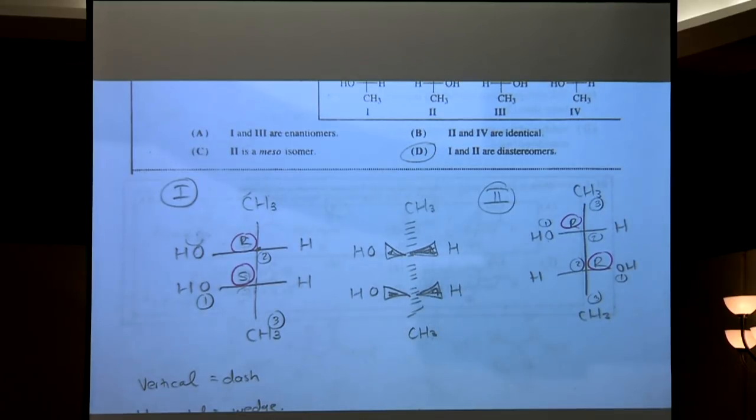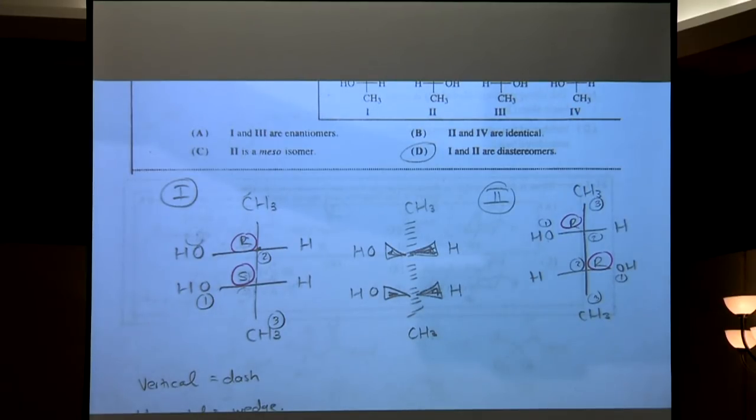Back in Article 1 even, when they asked me to do enantiomers and diastereomers and all that, I would always assign priorities and R and S. If everything is different, then you automatically know it's enantiomers. If only one is different, then it's diastereomers. It takes a little time, but it's a little easier to visualize. Identical in terms of R and S. Right. So if number 1 is RR and then 4 is also RR, then they would be identical. Okay, that's what they mean by identical. Yeah.